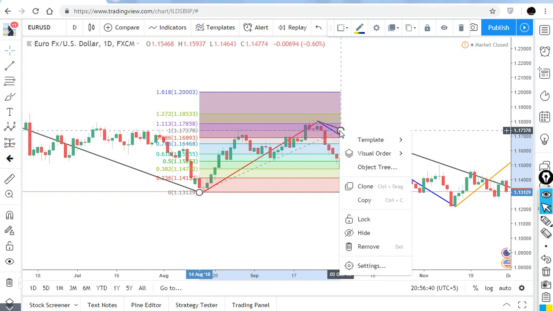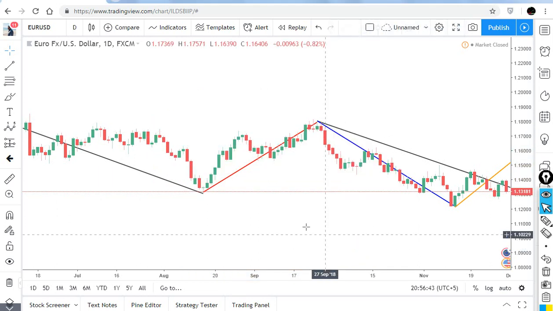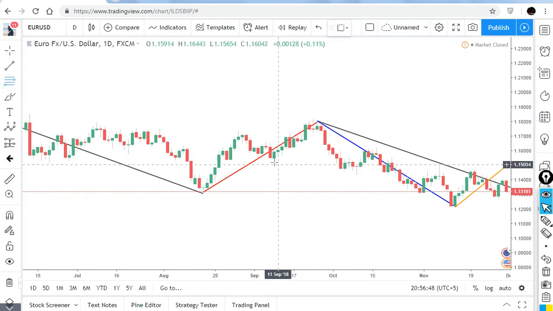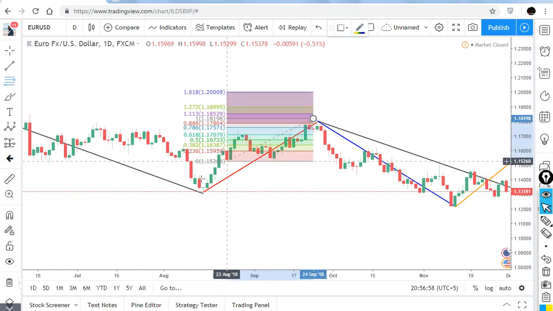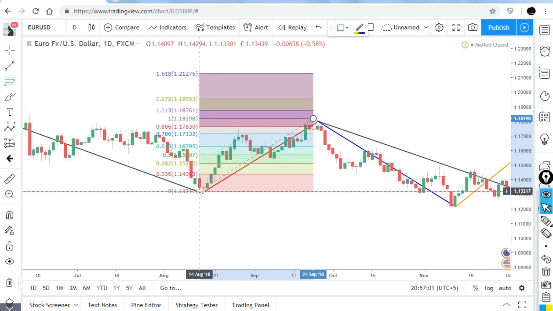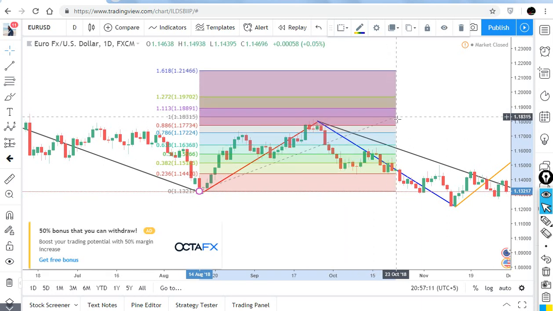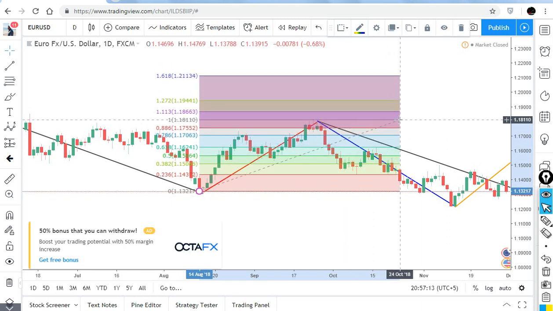Now let me take this part of Fibonacci, up to down, right? I will take it from up to down, the whole correction part. This is my whole correction part, right? So I will see the next ABC, and after ABC, where will wave 1 end?